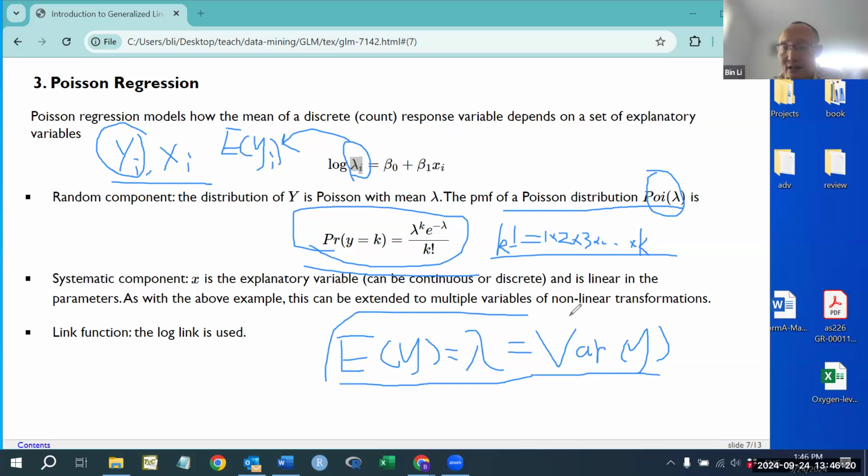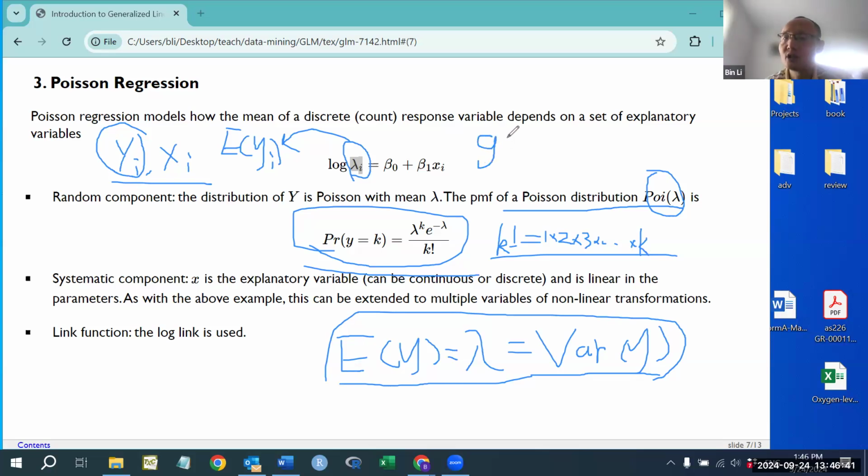That is a very special property: the variance and the mean of y both equal lambda. That's why I'm using the log of lambda i here.